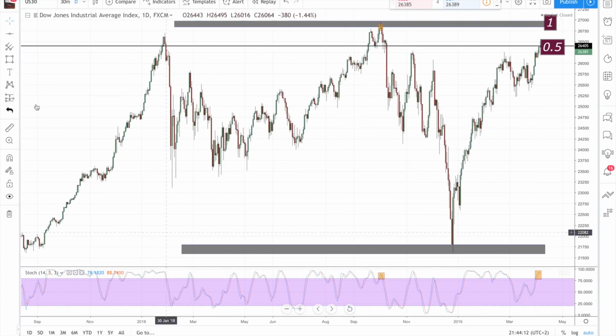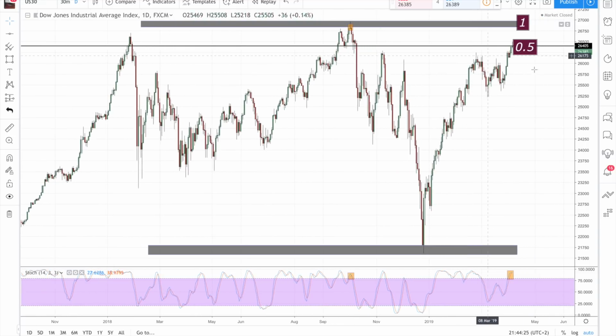So let's zoom out, and you can see that even here it was overbought, same thing, and finally the day after, boom, it went up. So for me, this candle is pretty risky.